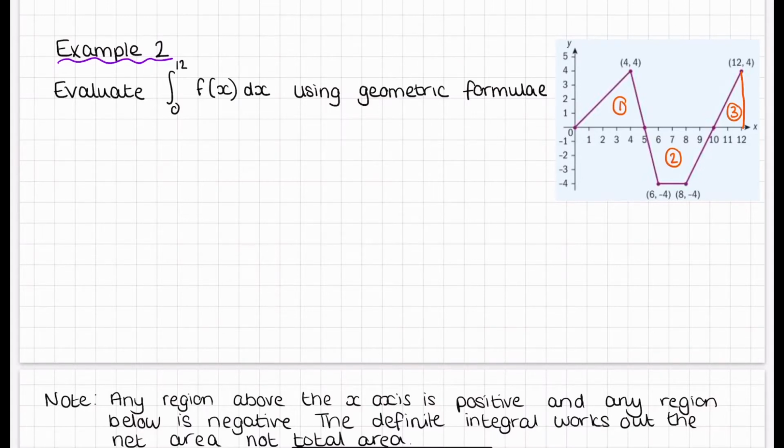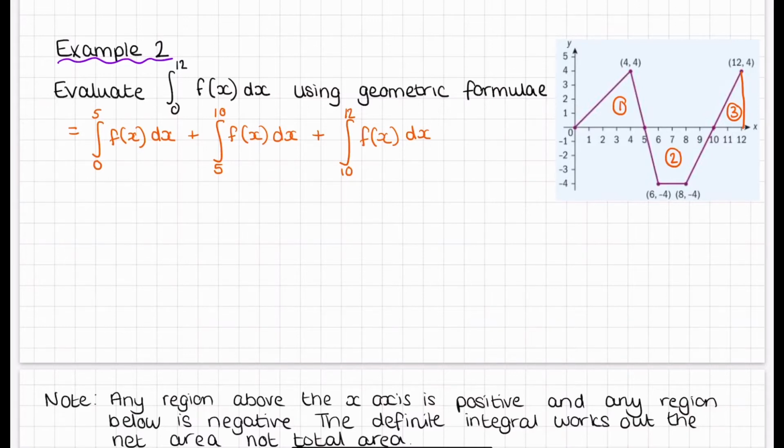If we're going to write it out in integral form first, we've got the area of 1, which is from 0 to 5 of the function. Then we've got area 2, which is from 5 to 10 on the x-axis. And the final one is from 10 to 12. So we can find the area of each of those shapes separately and then add them together to get the answer.